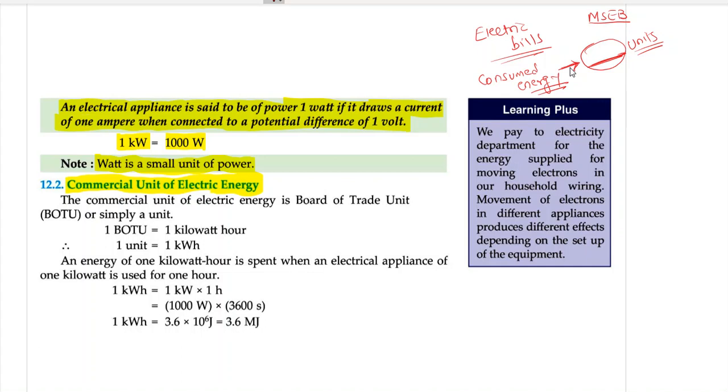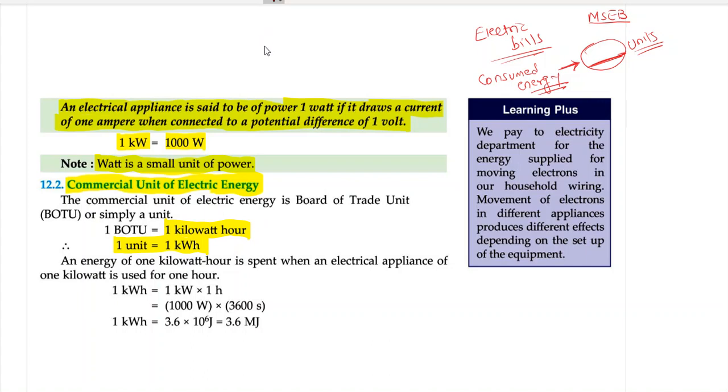So what are these units? This board of trade unit or commercial unit of electrical energy is the kilowatt hour, kWh. One unit is 1 kilowatt hour. So if you have any electric bill right now at your home, pause the video and go and check the electric bill. What is written on it?